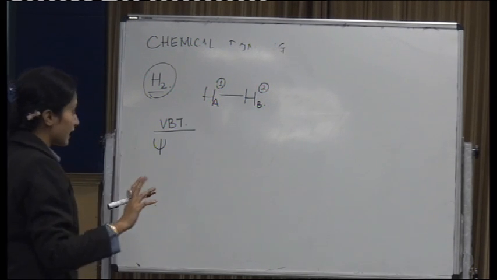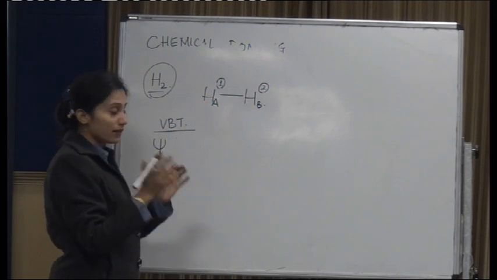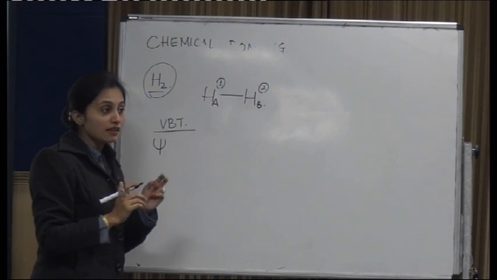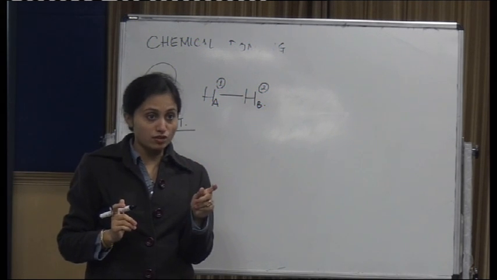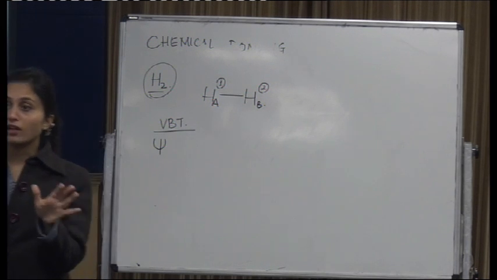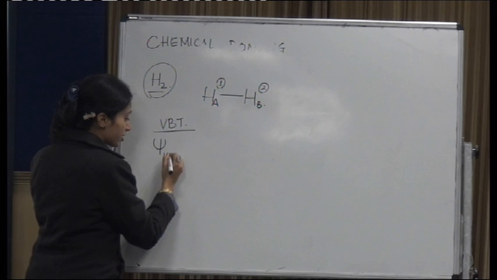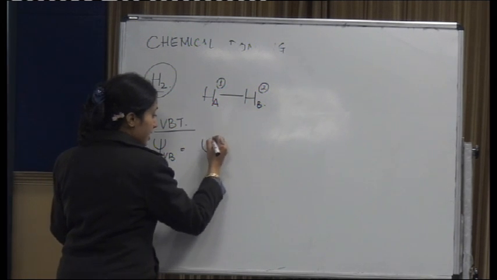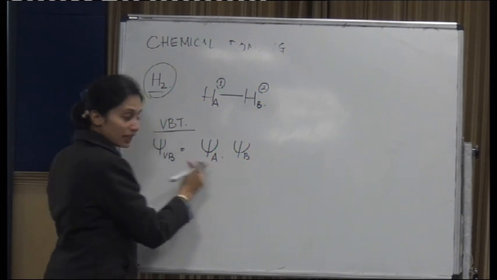So in that case, whenever we talk about the wave function, remember that the wave functions are multiplied. And as I told you, each microscopic entity is represented by a wave function. So here, each hydrogen atom will be represented by a wave function. And according to valence bond treatment, both the atoms are independent, that means their wave functions will be multiplied.